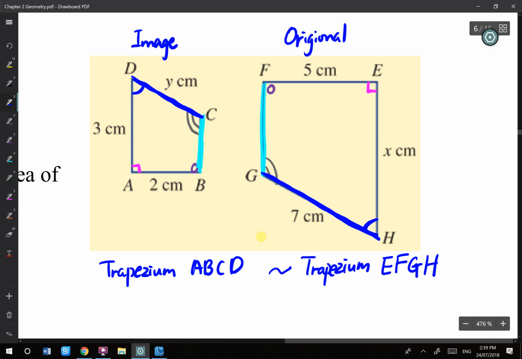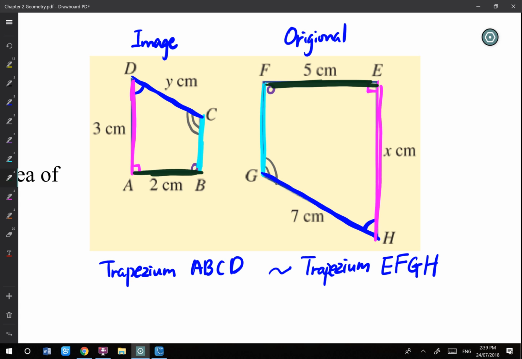Next one, AD is corresponding with which one? HE. And then the last one must be the corresponding pair here. Well, you don't need to label this many colors. It's just easy for me to talk about this.